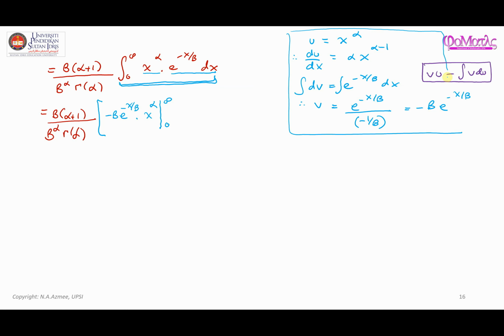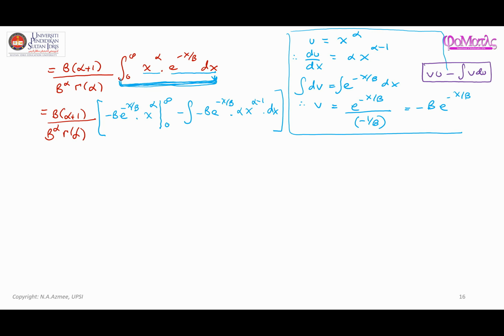Now minus integral of v du, so minus v is this guy, negative beta e to the negative x over beta, du is this one with dx, so here we have alpha x to the alpha minus 1 dx. Okay, right, so we're doing this blue part here.